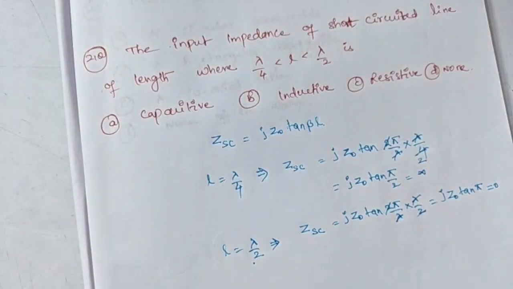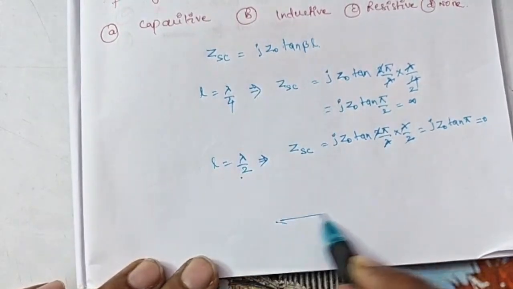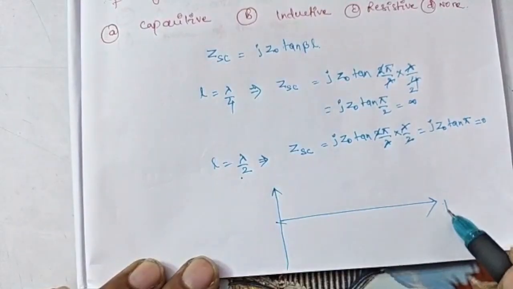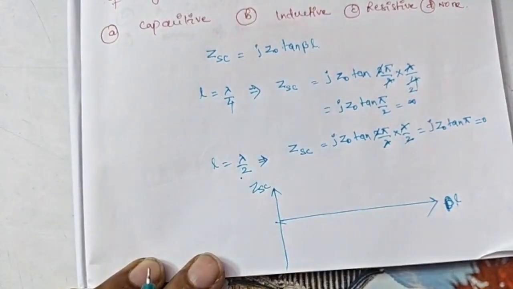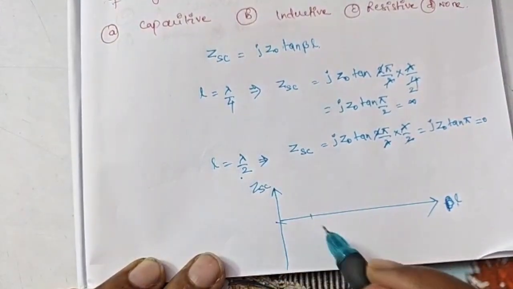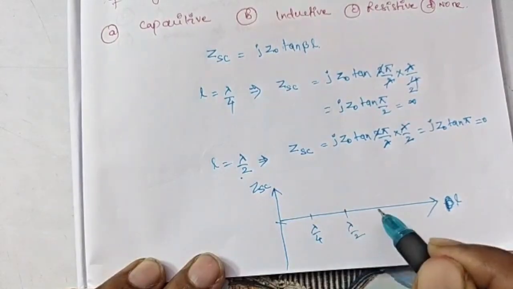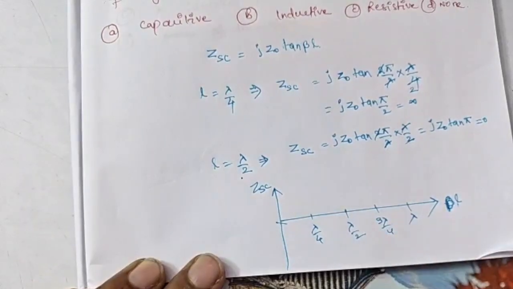Okay, so if I draw this diagram, by seeing the diagram you can clearly understand. On the x-axis is the length of the line and on the y-axis is the short circuited impedance. Let the lengths be lambda by 4, lambda by 2, 3 lambda by 4, and lambda.